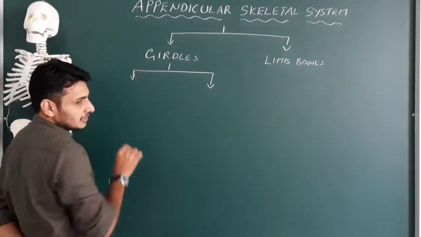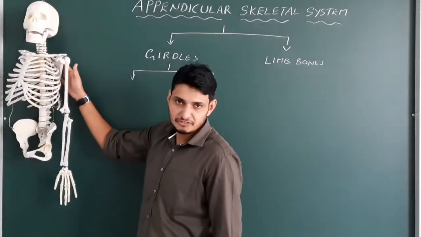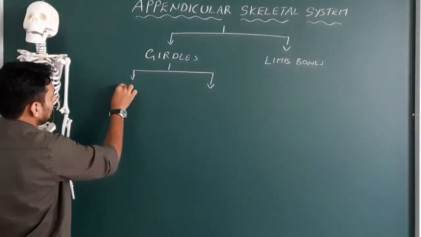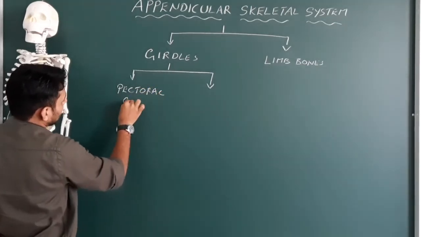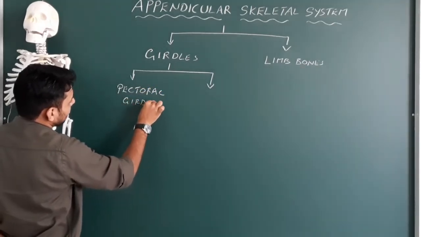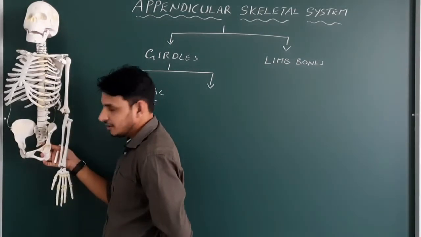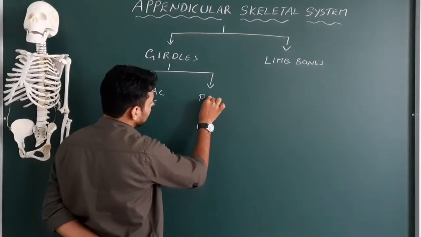The first type, which is present here, so this is the first part or first girdle. That can be named as the pectoral girdle. And here this portion is actually the pelvic girdle, so we write pelvic girdle.